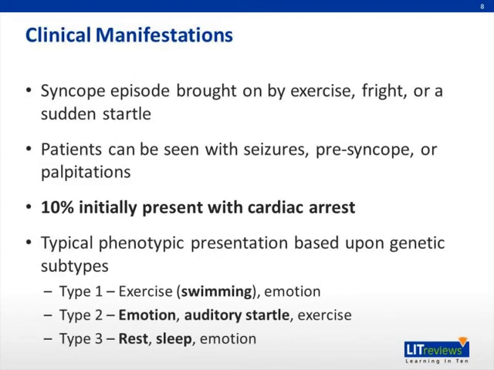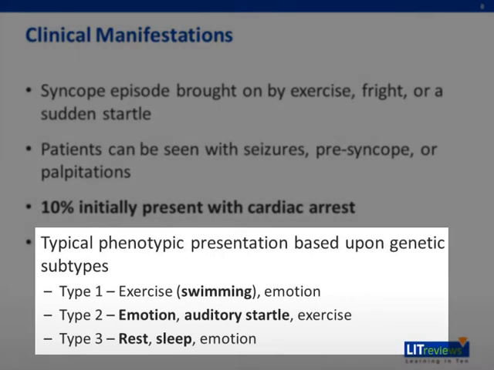The interesting aspect of the genetics of long QT syndrome is that the type can have a phenotypic appearance. The typical phenotypic presentation of cardiac arrest or syncope based upon the genetic subtypes are as follows. In patients with type 1, cardiac arrest or syncope typically presents with exercise, specifically swimming, and emotion is associated as well.